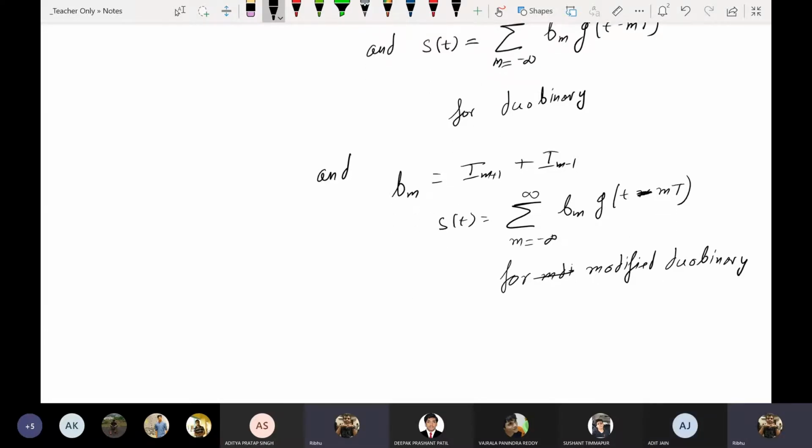let's discuss the case of duobinary pulse shapes, or duobinary shaping with no residual ISI.